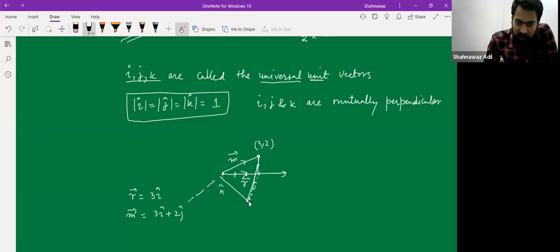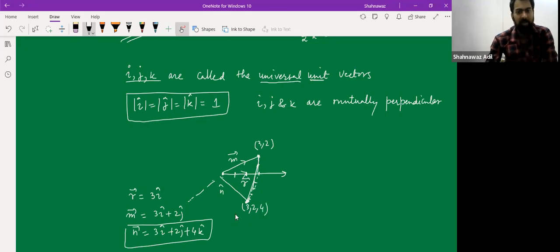So this point would be called what? 3i plus 2j plus, let's say, 4k. Right, so this is the n vector. So this is the point 3, 2, and 4. Okay. Understood up to this point? So this is how you represent a vector in universal unit vectors.